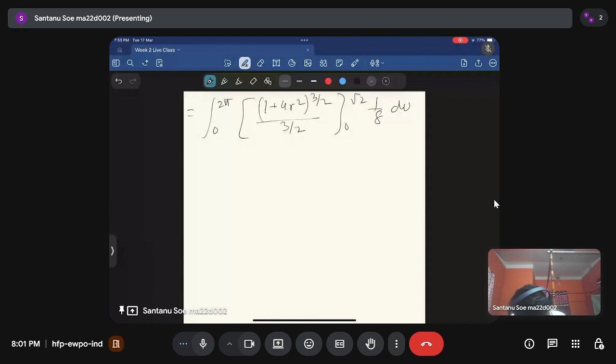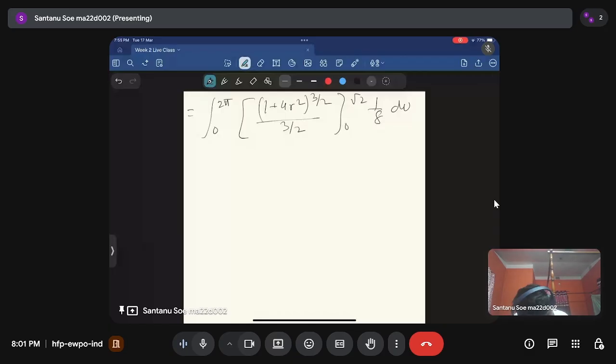This changes from 0 to 3 sine theta, and sorry, theta will be 0 to pi, because we are taking the first and second octant. So this will be 3 divided by the square root of 9 minus r square, r dr d theta.